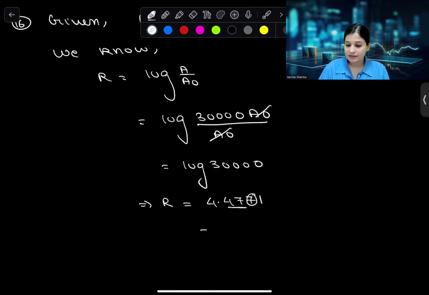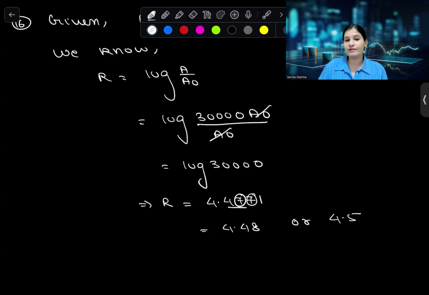The answer that they gave is for 1 decimal digit. For 2, it is 4.48. If they would have asked us for 1, I would have looked at the second digit, that is 7, so I would have written 4.5. Depending upon what they asked us. But the answer that they wrote is only 1 decimal digit. So if it is 2 decimal digits, it is 4.48. If the decimal digit is 1, then the answer is 4.5.